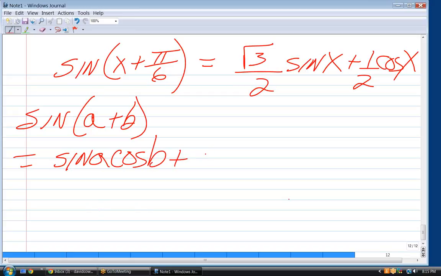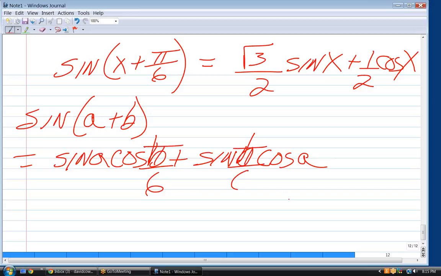I'm just writing the general formula. What's the rest of it? Plus sine of b cosine a. Okay. Now let's plug it in for our specific problem, because in our specific problem, a is x and b is pi over 6.